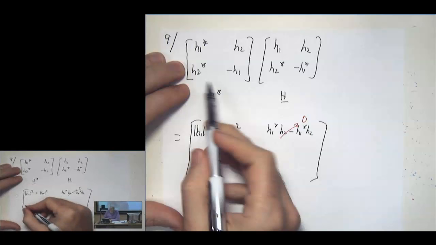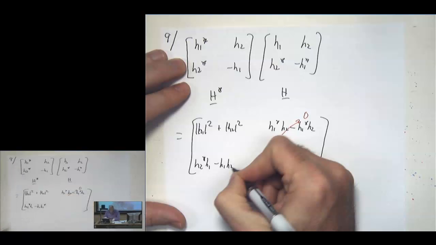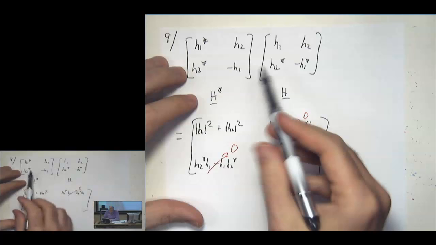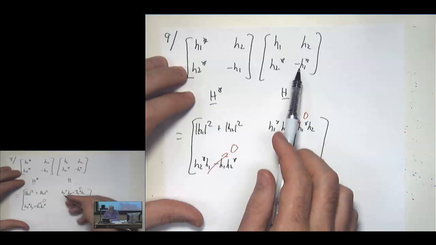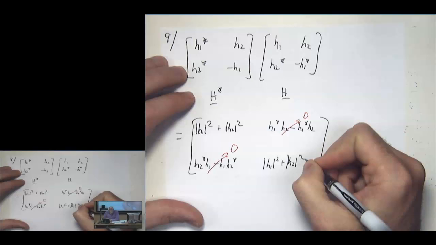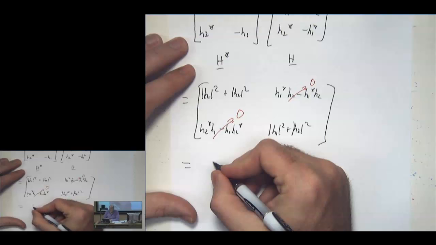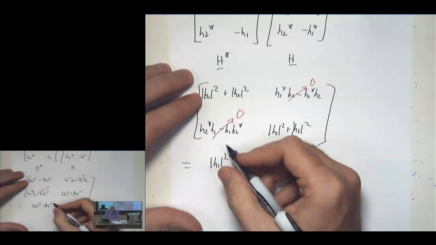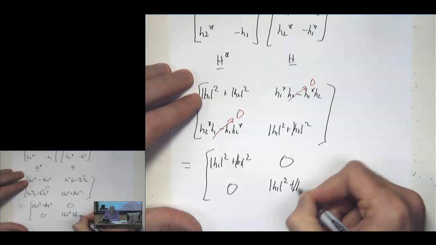I'll do the same thing over here: h2 star h1 minus h1 h2 star. Again goes to 0. Now we go over here, we get h2 star h2 minus h1 h1 star minus, so that's again h1 magnitude squared plus h2 magnitude squared. So this is equal to h1 squared plus h2 squared times identity, with 0s on the off-diagonals.